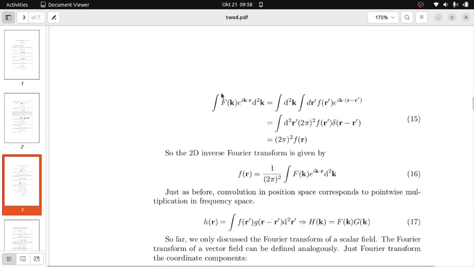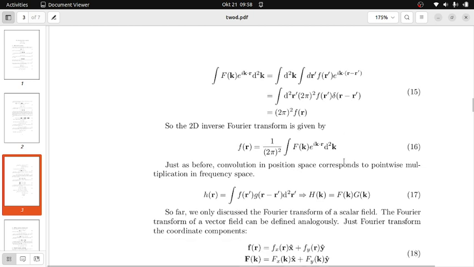This is just the proof that f of r equals 1 divided by (2 pi) squared times the integral of F(k) e to the i k dot r d squared k. And then, just as before, convolution in position space corresponds to pointwise multiplication in frequency space. Here I did not copy the derivation from the 1D case because it was too long, but it is the same thing.